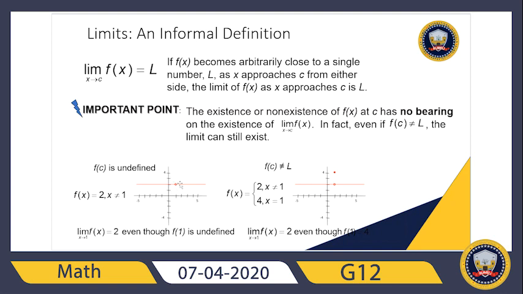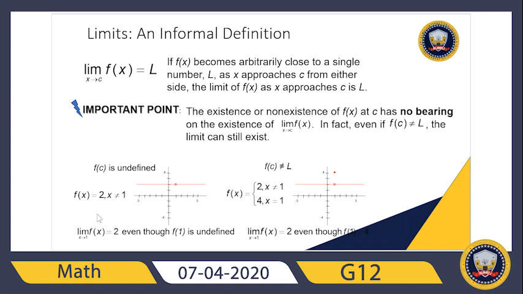In this case, this function is not defined at x equals 1, so x cannot be 1. This means this function has no value when x equals 1. That's why we draw this open circle.